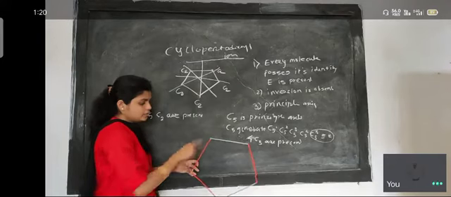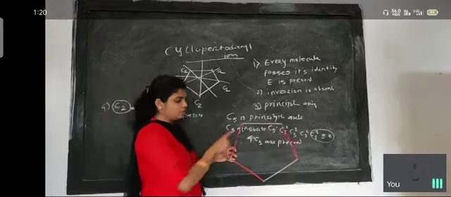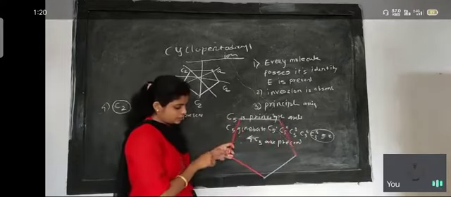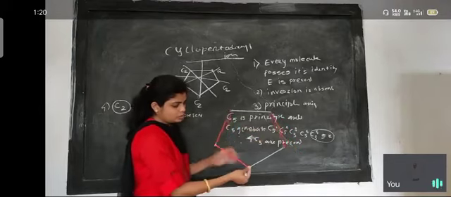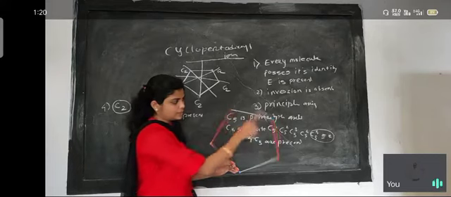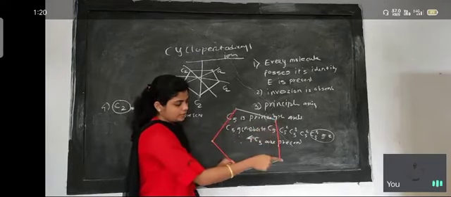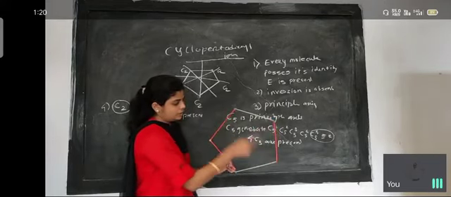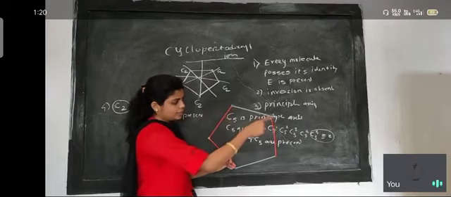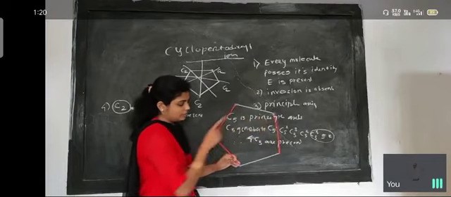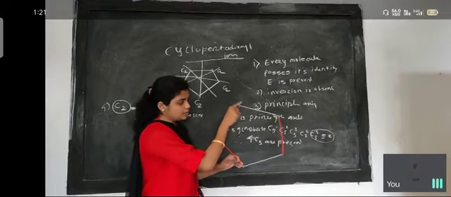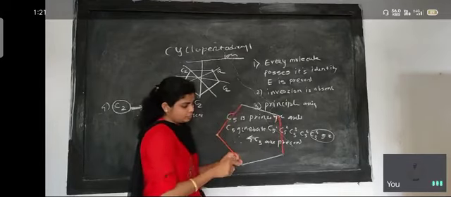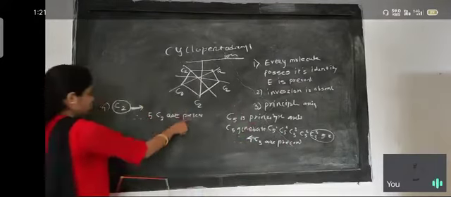In the same way, the first C2 passes through this carbon and bisects this bond, and so on for the next, and the last C2 passes through this carbon and bisects this bond. So 5 C2 are present.